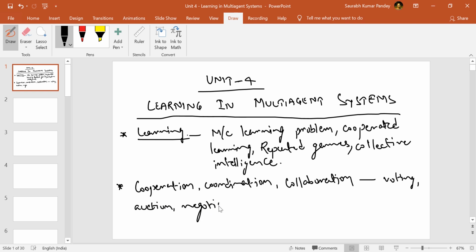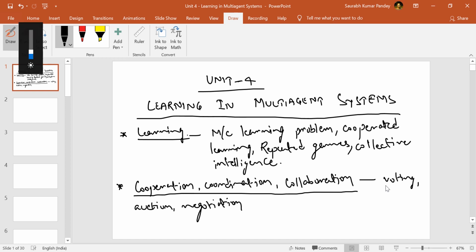I gave you a hint while we were discussing the different types of games and distributed constraints that whenever we want multi-agents to interact, the interaction can be done with the use of some algorithms, but there are certain limitations. That is where the concepts of negotiation, auction, and voting come in, where they use certain algorithms to form such interaction.